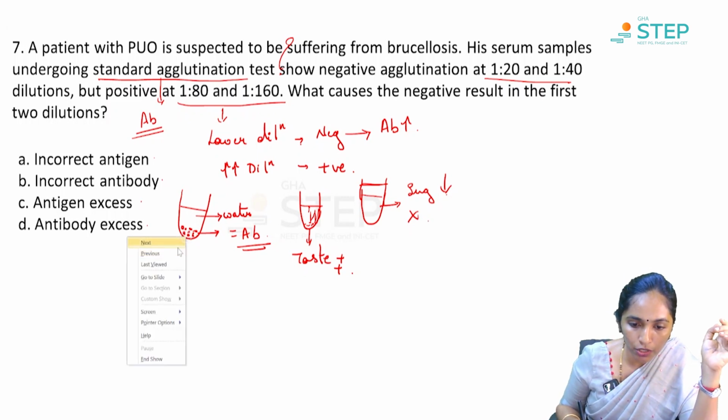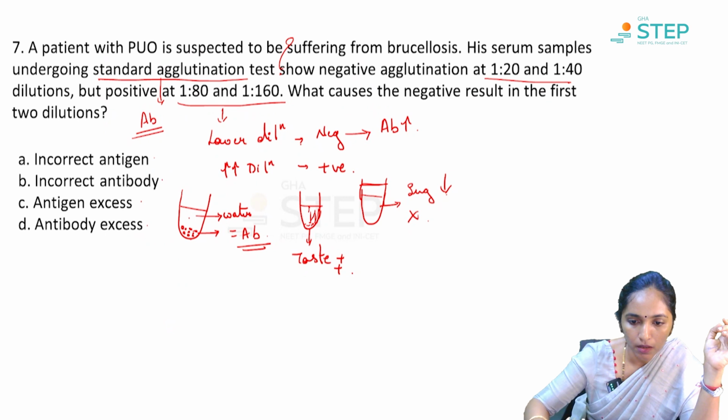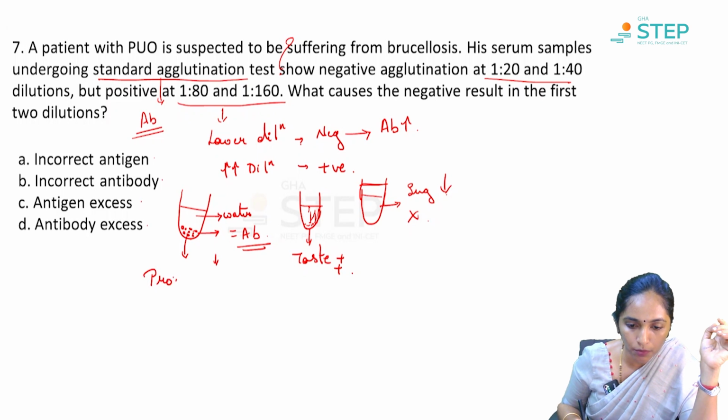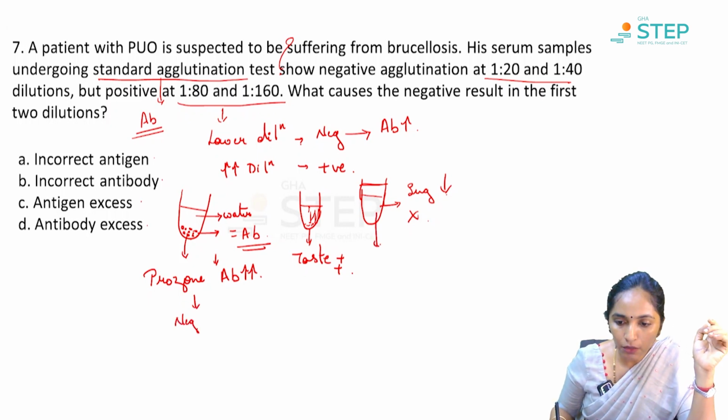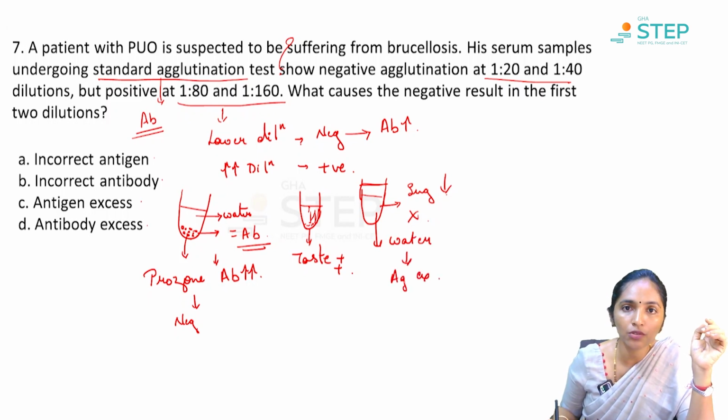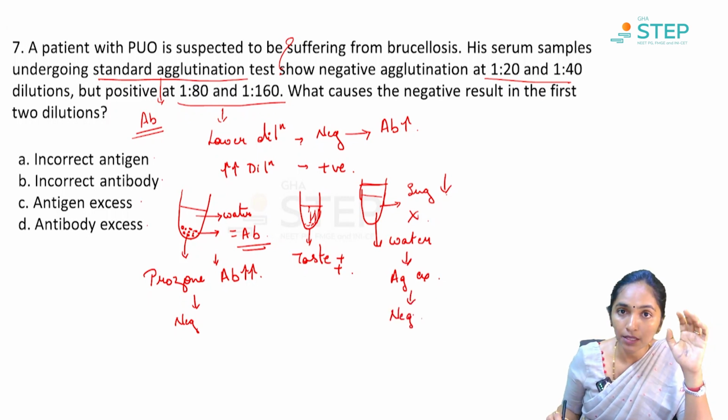Here where the sugar was more, sugar is equal to antibody, this is called the Prozone phenomenon, where the antibody is in excess and the result will be negative. Here where water is more, antigen will be in excess. Water is equal to antigen. Again, there may be chances of a negative result, sometimes.